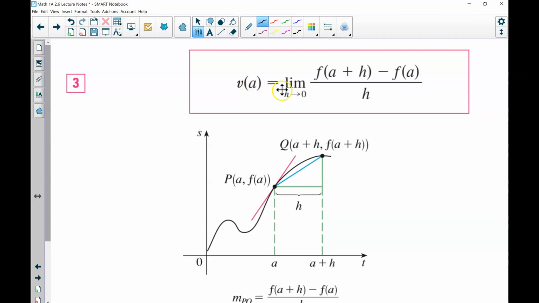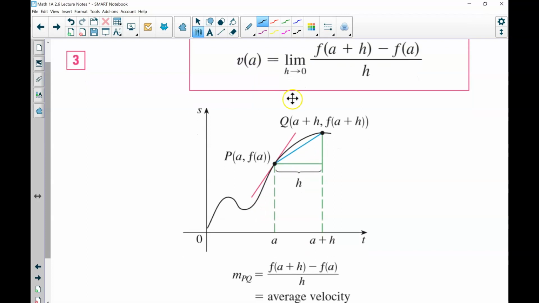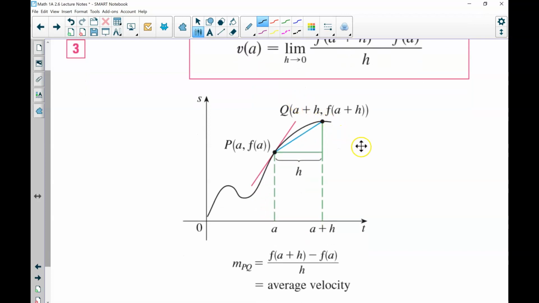Therefore, this says that the limit as h approaches 0 of f of a plus h minus f of a over h gives the velocity. So this means that the velocity at time t equals a is equal to the slope of the tangent line at P.